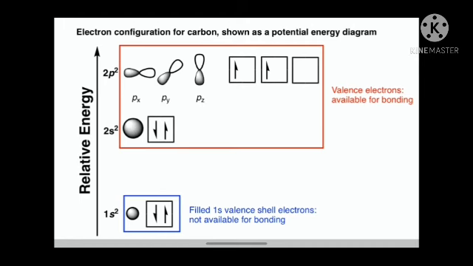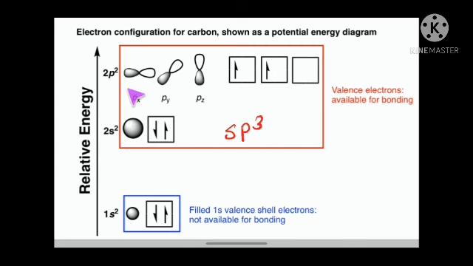Now let's talk about the sp3 hybridization. In order to create sp3 hybridization, you need 1 s orbital, that is here, and you need 3 p orbitals, these 1, 2, 3. So we are going to use everything here.